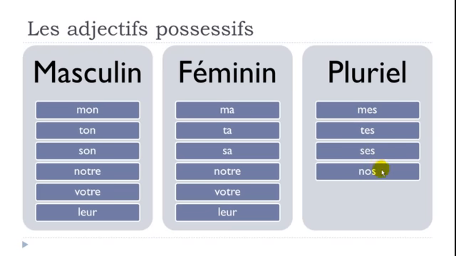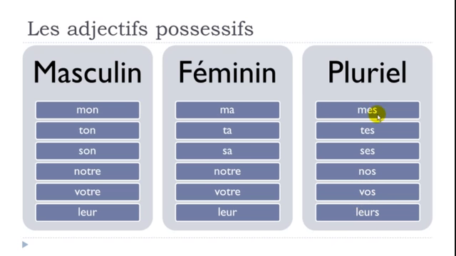And then for the plural, nos, vos, and then leurs. Okay, so remember, even if you've got this final s, you don't pronounce it, as was the case already for this word, nos, you don't pronounce the final s, vos, you don't pronounce it, leurs. So if we say that one more time, it's mes, tes, ses, and then nos, vos, leurs.